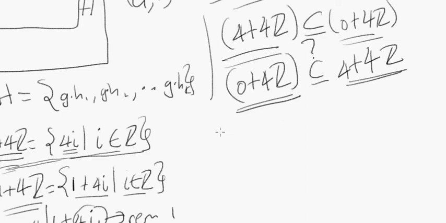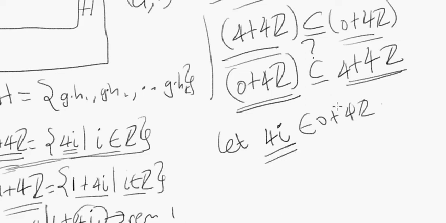So for instance, let 4i be an element of 0 plus 4z. That's one way to look at it. Now we need to prove that 4i is also an element of 4 plus 4z.